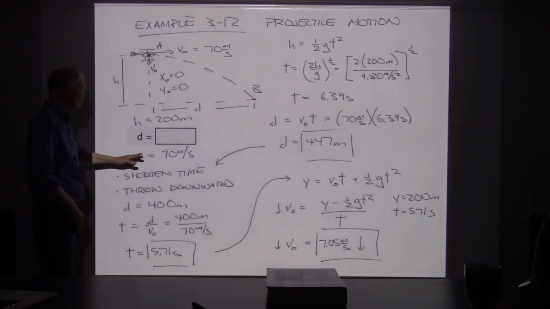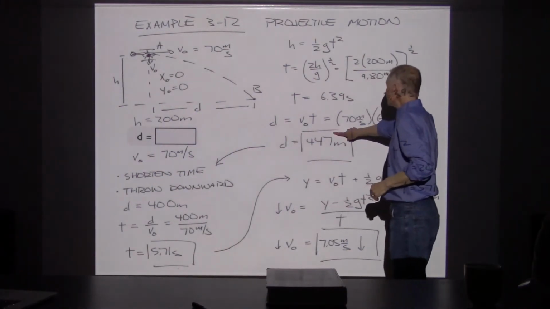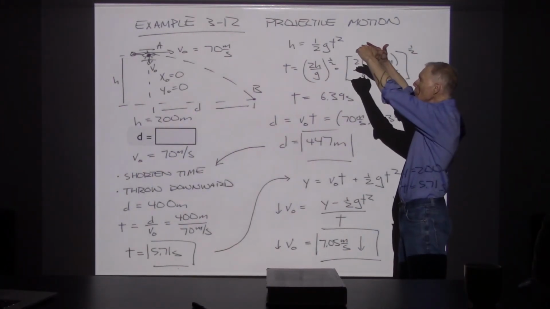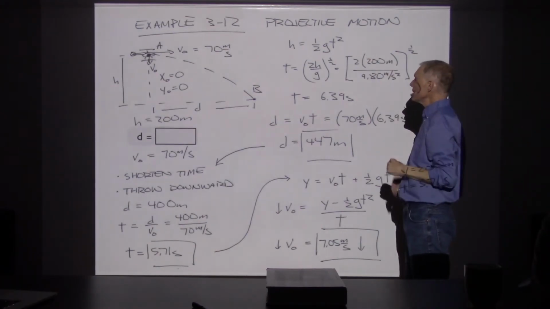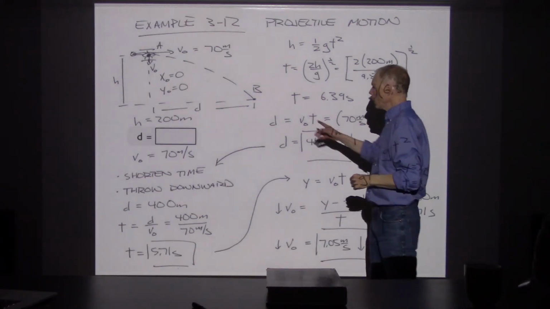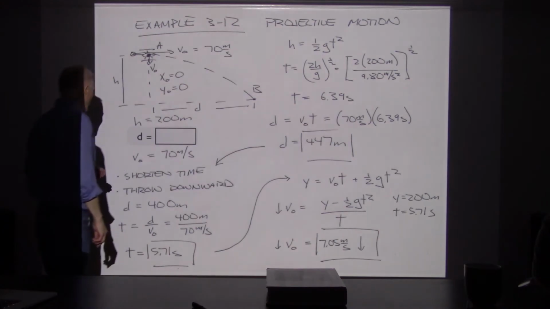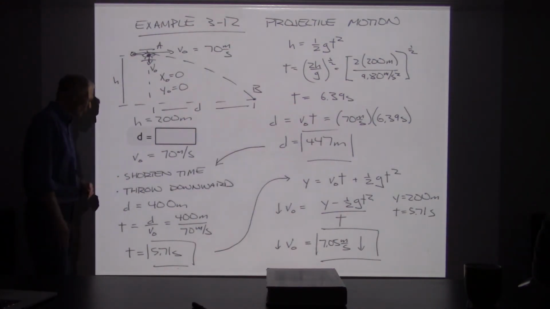If we were more than 447 meters away, we could have given it an upward boost to keep it in the air longer so it could go down range farther. But we're too short. And so what we want to do is shorten the time and give it a throw downwards.